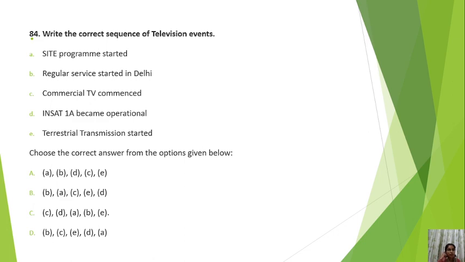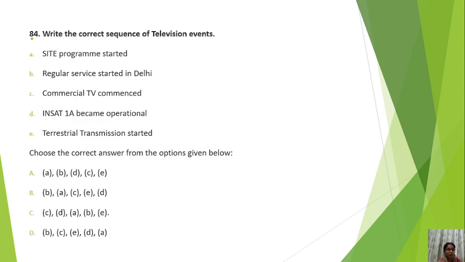So next is correct sequence of television events. SITE, Satellite Instructional Television Experiment program started. Regular service started in Delhi. Commercial TV commenced. INSAT 1A became operational. Terrestrial transmission started. What is the correct sequence? Again, try to cook up some story and try to remember this. Today we have digital transmission.